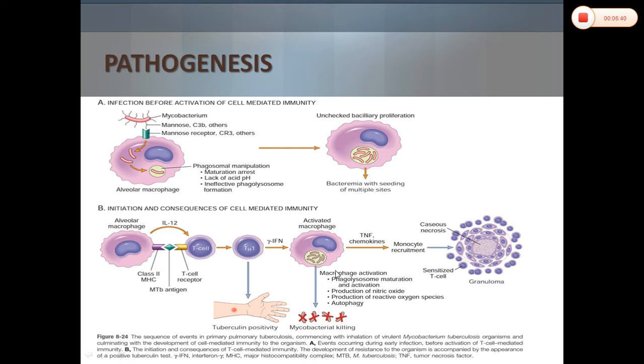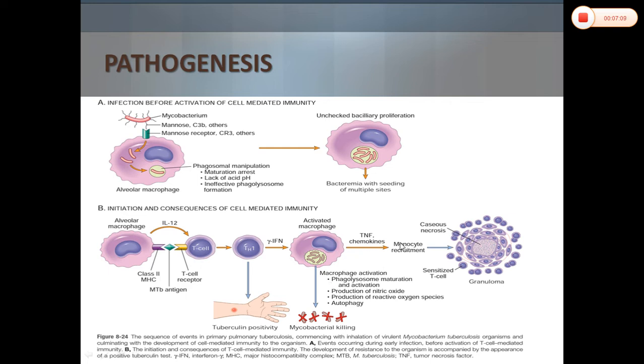The macrophage gets activated. With this activation, there is phagolysosome maturation and activation, production of nitric oxide, production of reactive oxygen species, and autophagy. With these events, there is mycobacterial killing, and this Th1 response will be seen as tuberculin positivity in the case of Mantoux test.